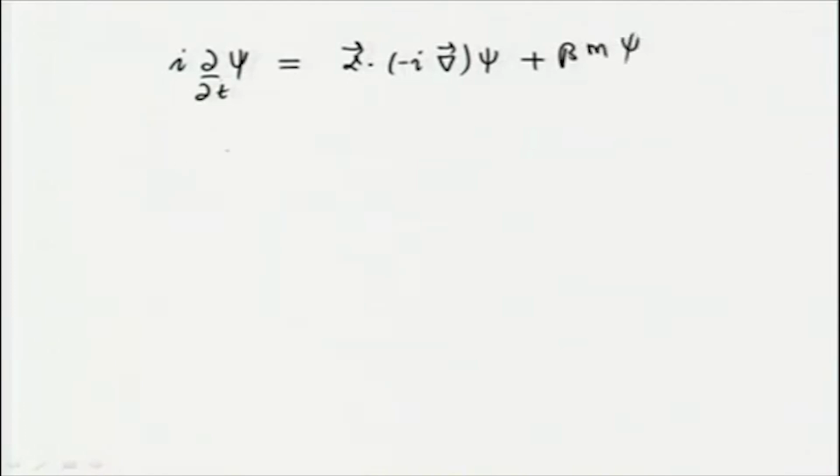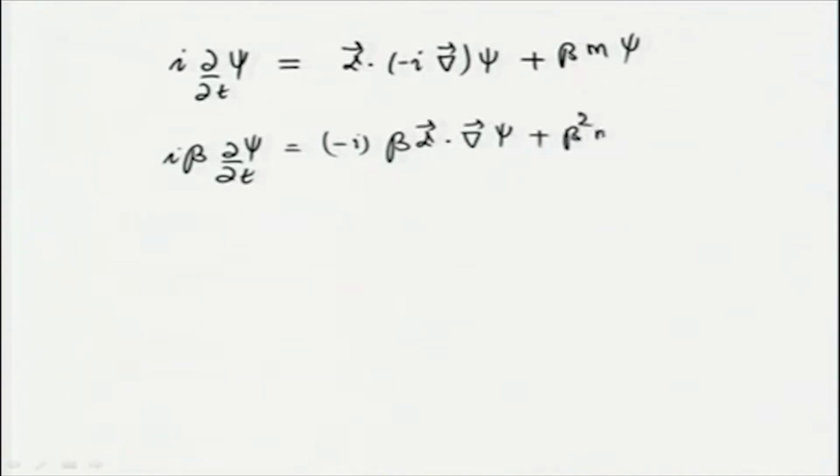Multiply this by beta from the left, it will give me i beta dou by dou t of psi equal to minus i beta alpha dot grad psi plus beta square m psi, beta square is equal to 1.